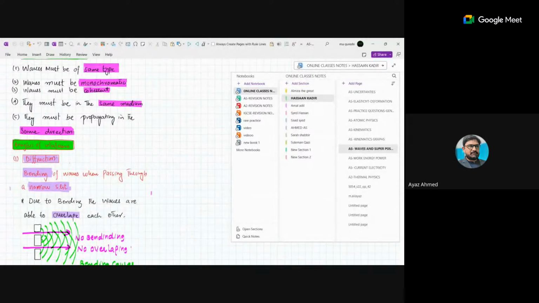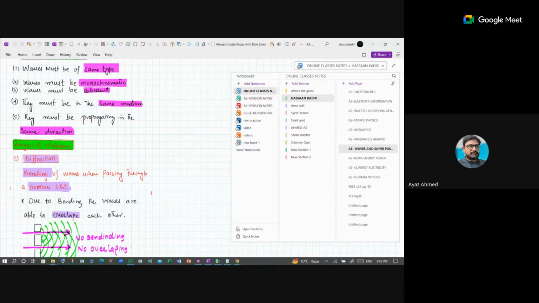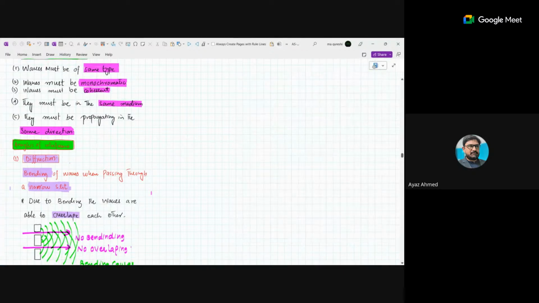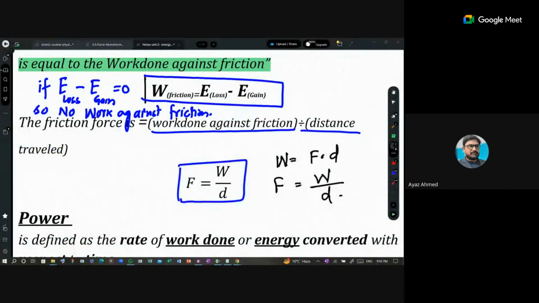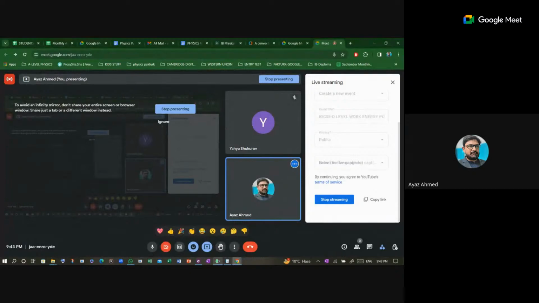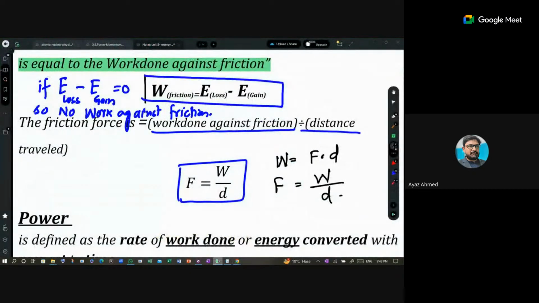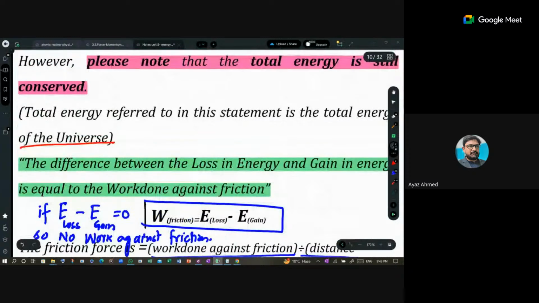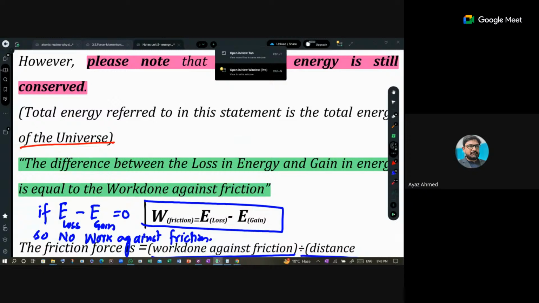Okay, let me open up your section and then we will talk about that energy loss. Okay, I can have a new document.